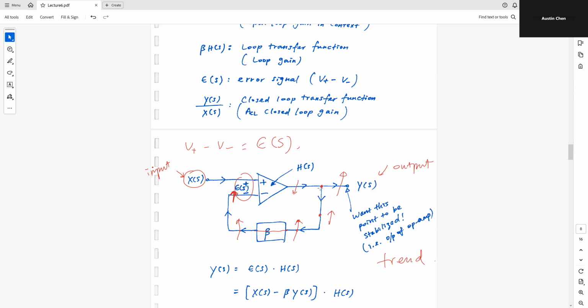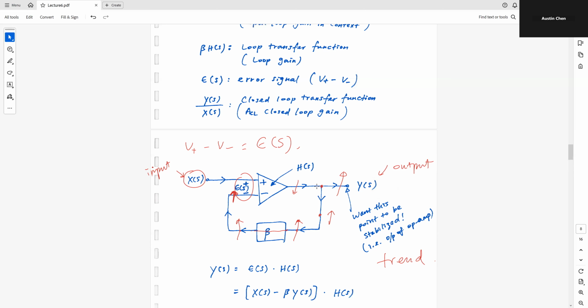If you compare with what we started with earlier, we assumed some disturbance was causing this node voltage to go up. But after going around this loop with the negative feedback, this voltage is counteracting what we started with originally. It's compensating for that error, trying to undo the variation we started off with.